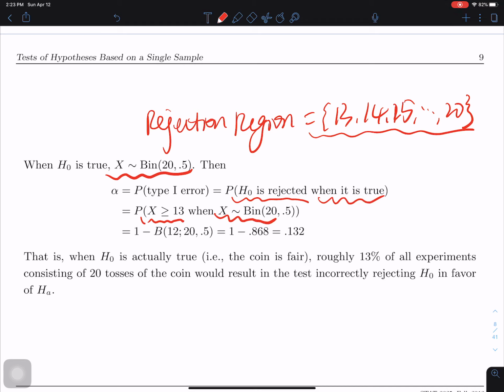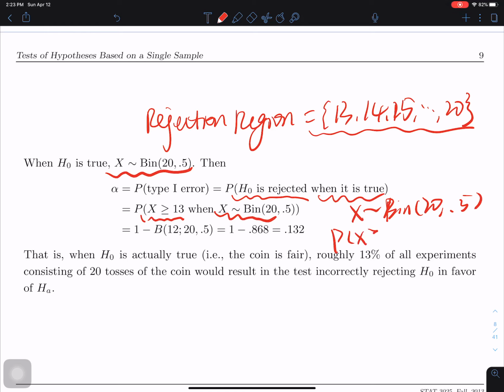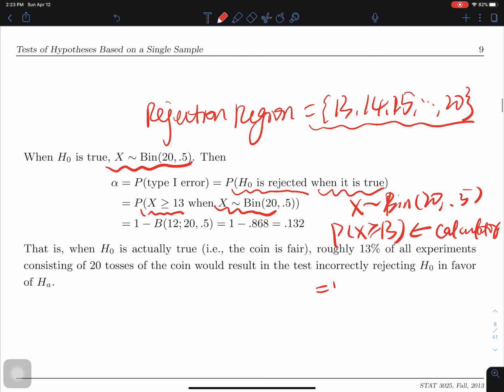So this is easy to do. This is a very typical question we met in Chapter 2 or Chapter 3. When x follows a binomial distribution 20, 0.5, what is the probability that x is greater than or equal to 13? We can get it from a calculator. This probability is 1 minus the probability that x is less than or equal to 12.